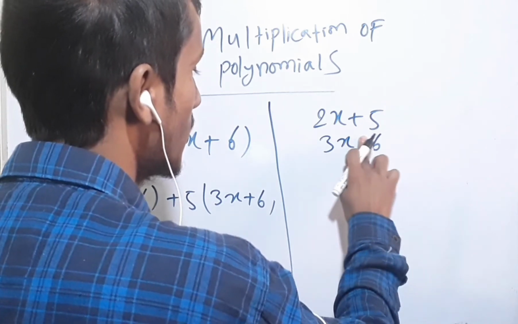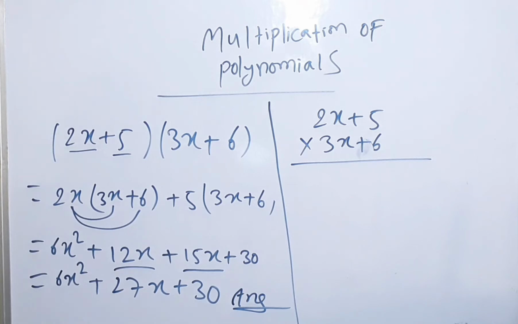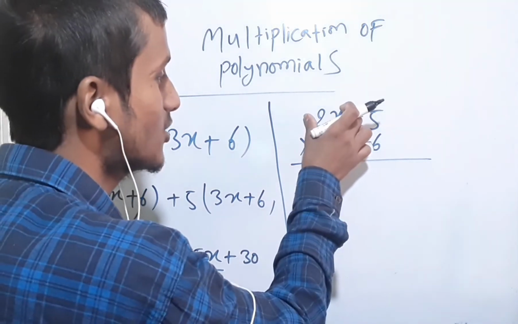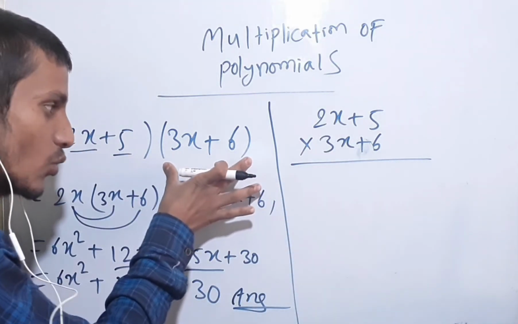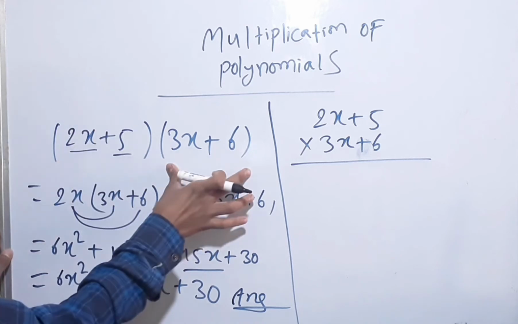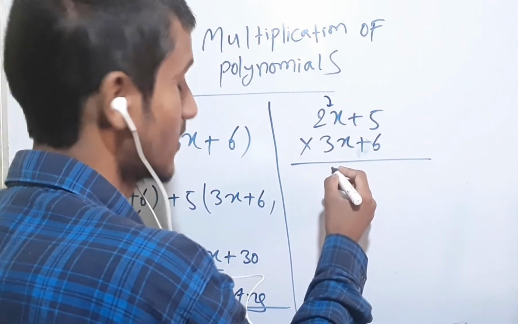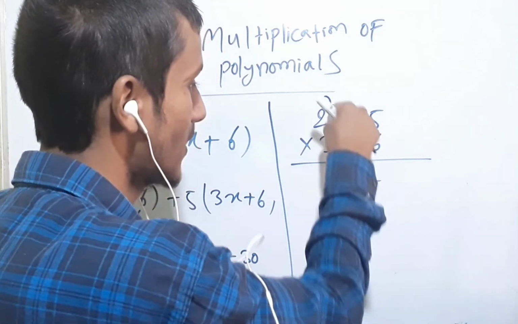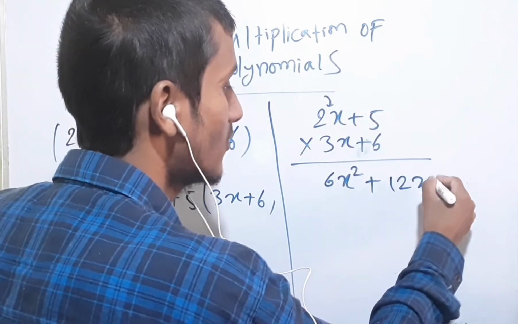Okay, multiply this, and the rule is the same: again you're gonna distribute the first term into this whole. Same goes for here, which is gonna get you 6x squared, because I'm multiplying these two, plus this multiplied by this, so this will be 12x.